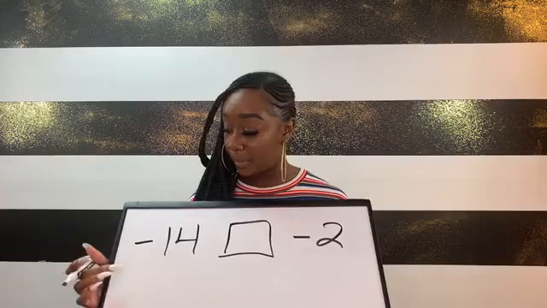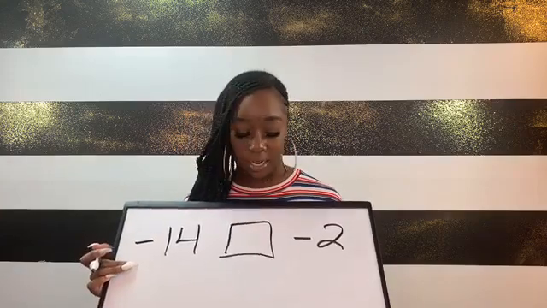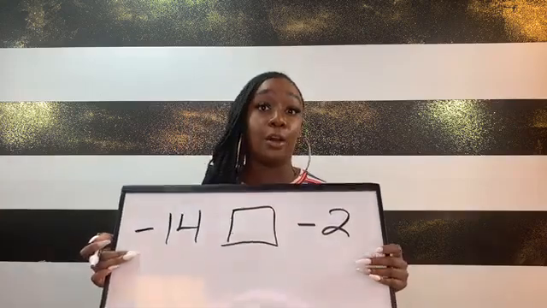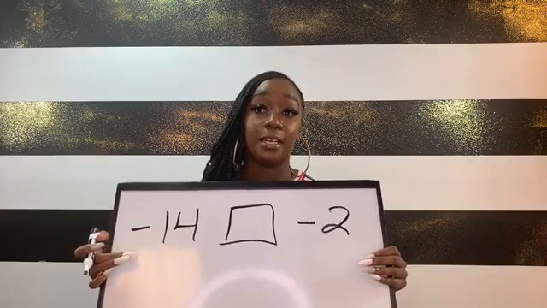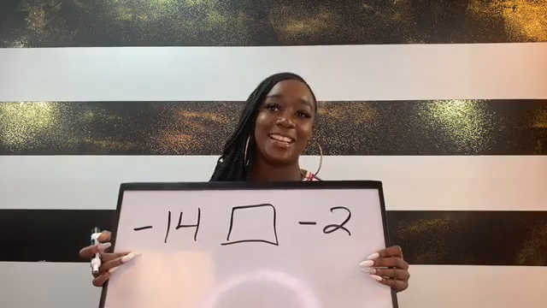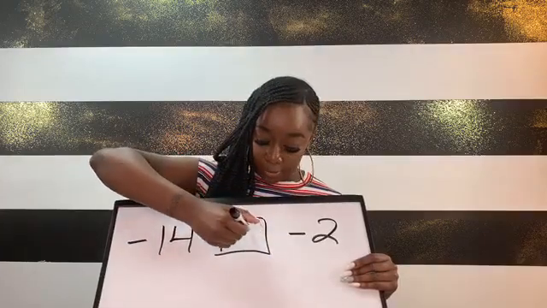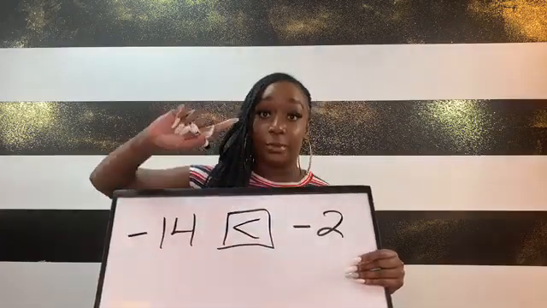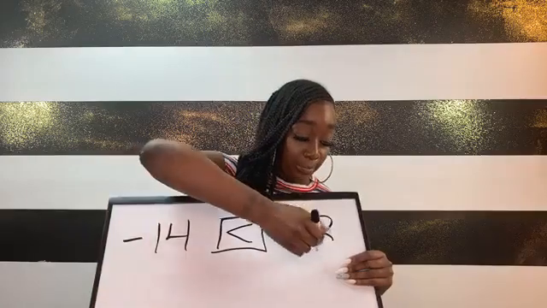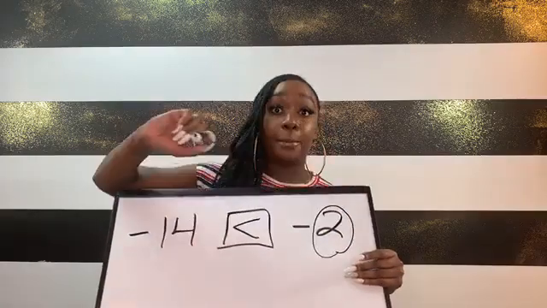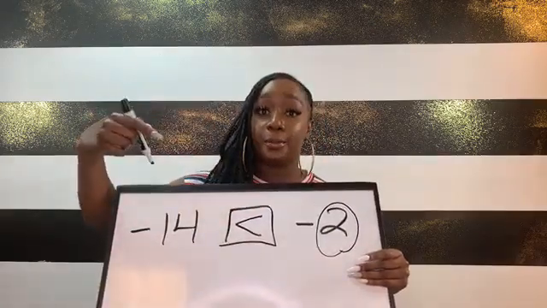If one of your friends owes you $14 and somebody else owes you $2, who holds the most value in that situation? It's going to be this person. So what you guys need to understand is that when we're dealing with negative numbers, the smaller the number, the bigger its value.